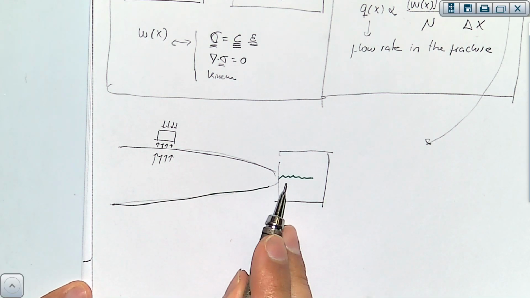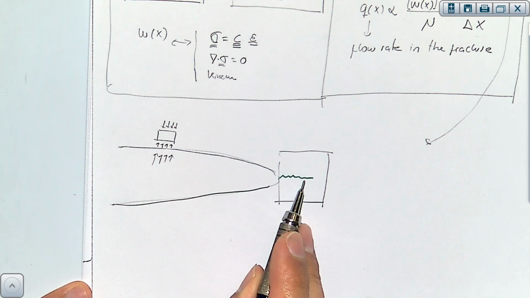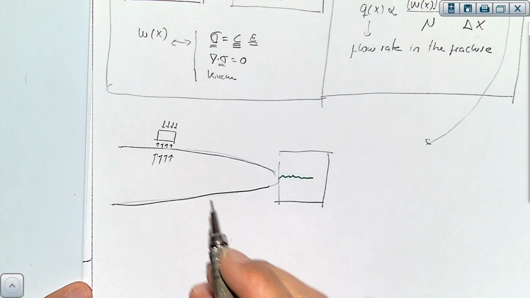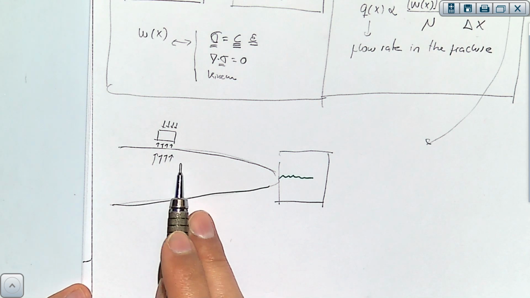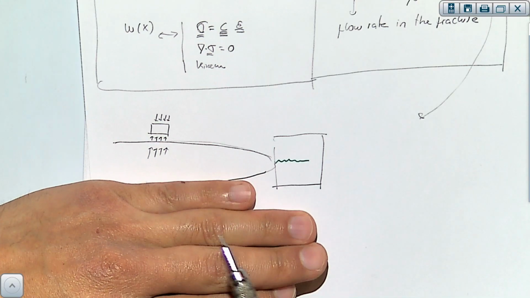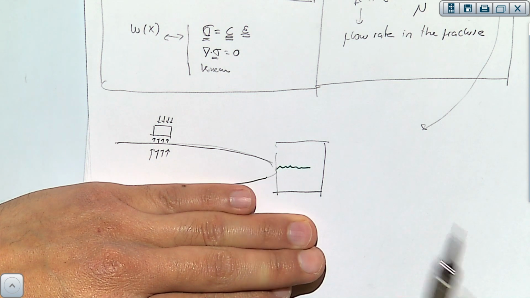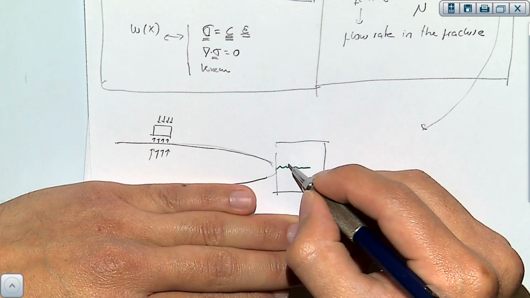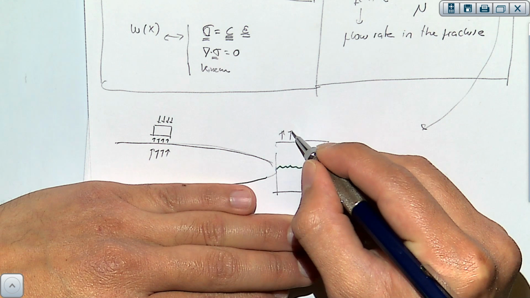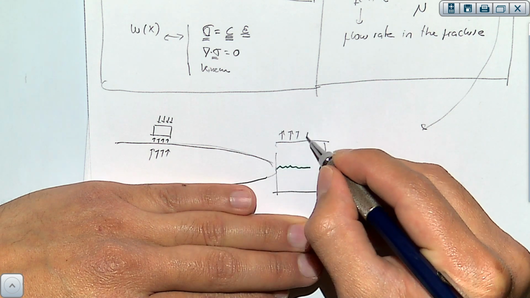However, when I get to the tip, all of these forces going in this direction, pushing against the rock, are going to cause this rock, instead of being in compression, to be in tension at the tip.